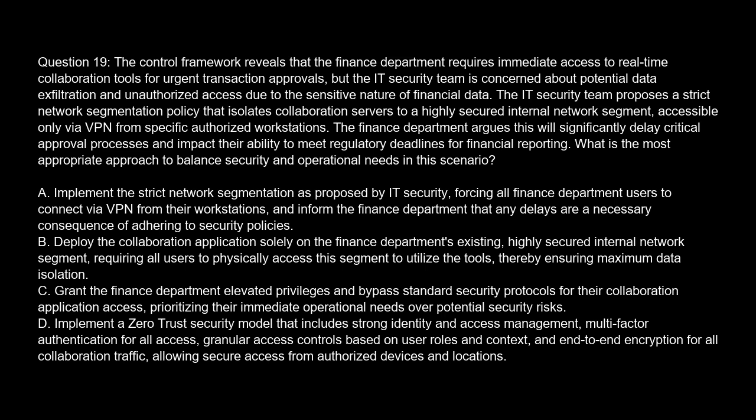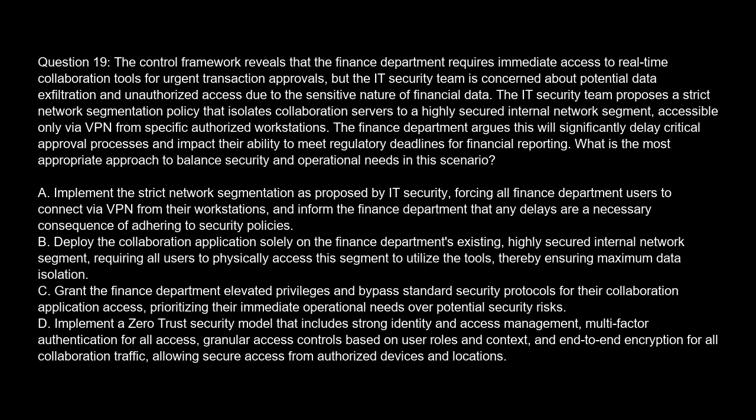The IT security team proposes a strict network segmentation policy that isolates collaboration servers to a highly secured internal network segment, accessible only via VPN from specific authorized workstations. The finance department argues this will significantly delay critical approval processes and impact their ability to meet regulatory deadlines for financial reporting. What is the most appropriate approach to balance security and operational needs in this scenario?